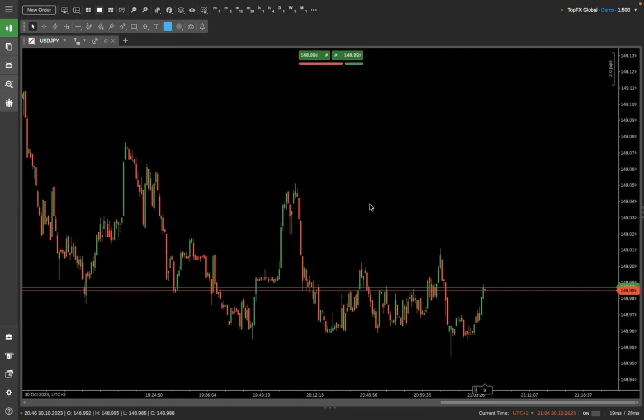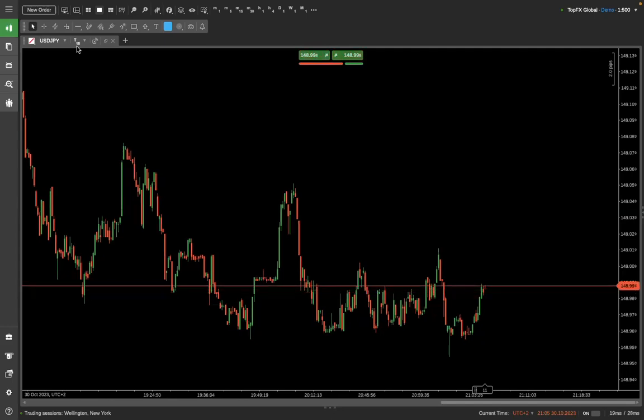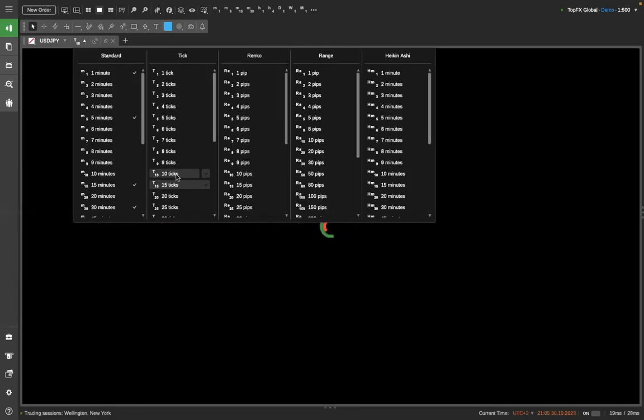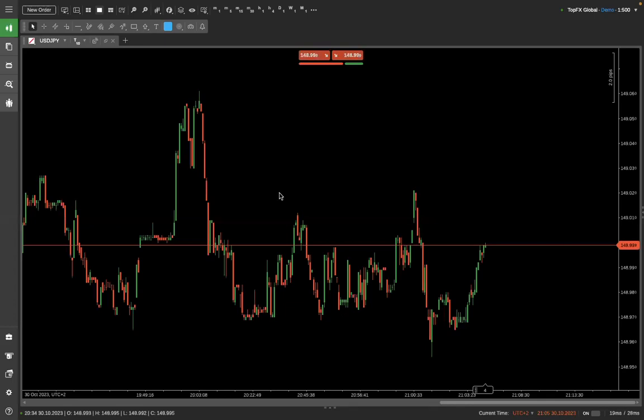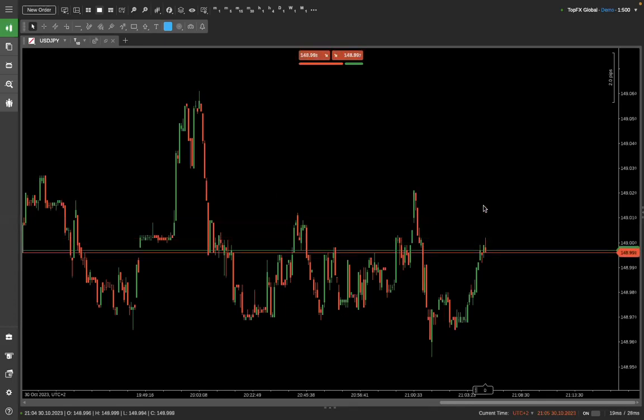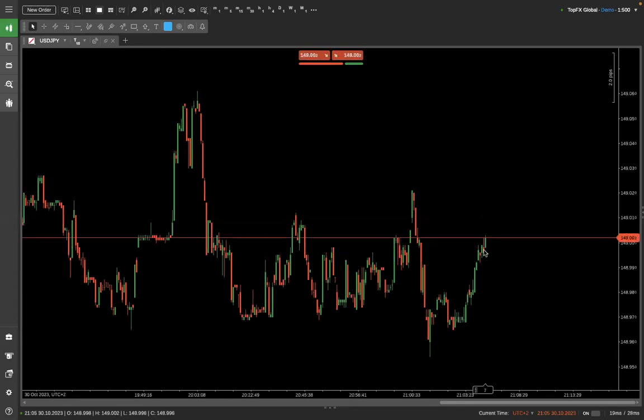For example, if we are using a 15 tick chart, each bar will form after 15 trades have occurred in the market. If we change it to 10 ticks, then each bar will form after 10 trades occurred in the market. And of course, it is visible here on the chart.